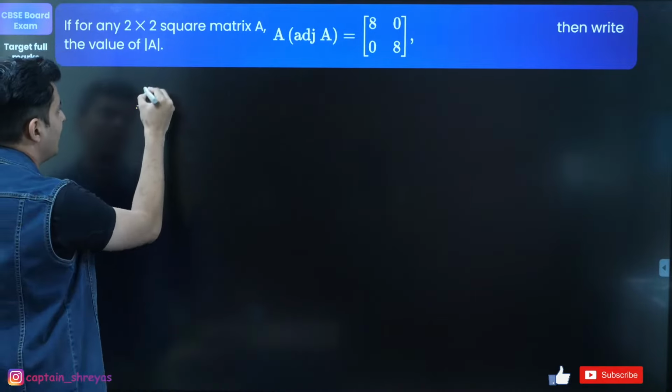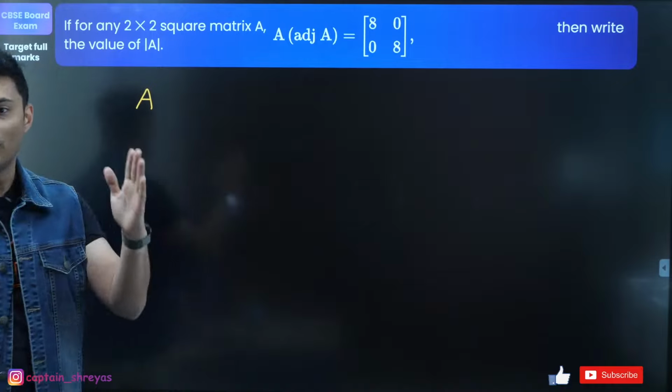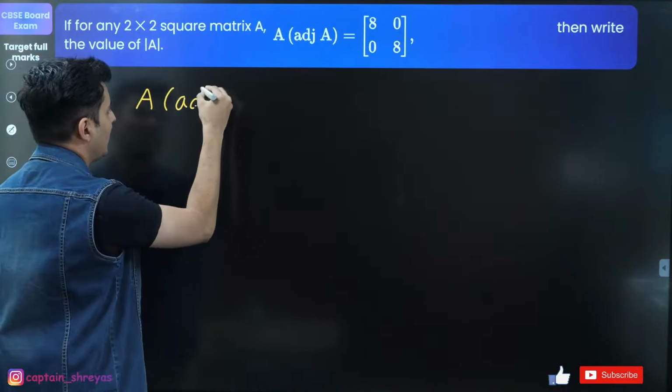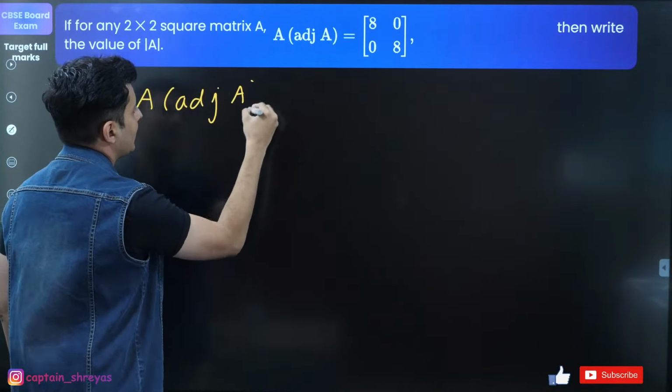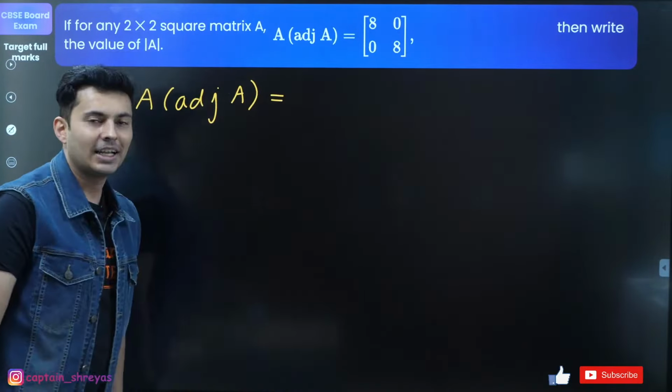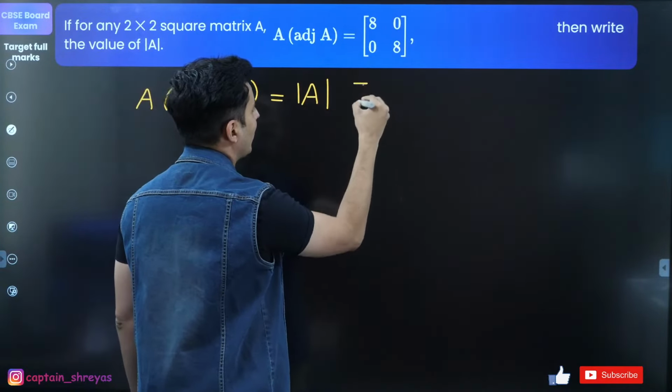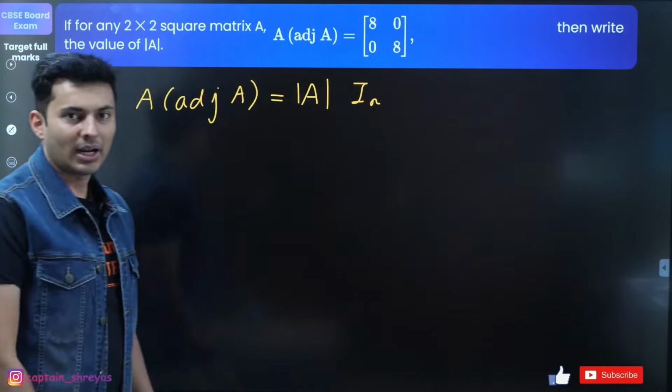Now there is a standard formula which you all should know. What is that formula, guys? It is A adjoint A is nothing but the magnitude of A, mod A, into your identity matrix.